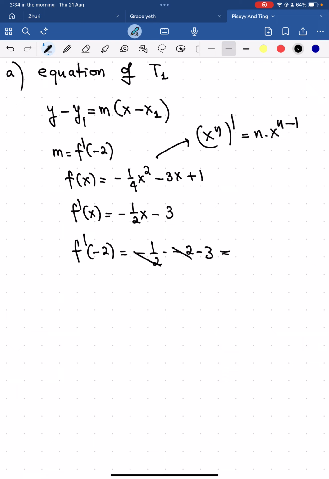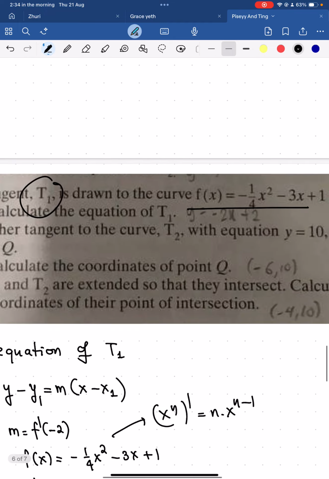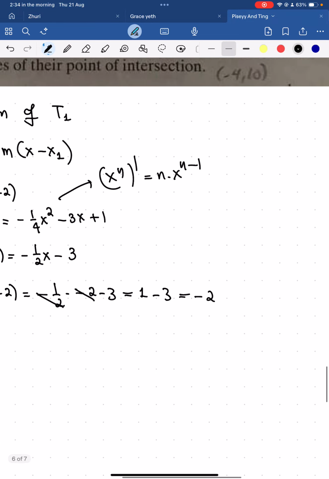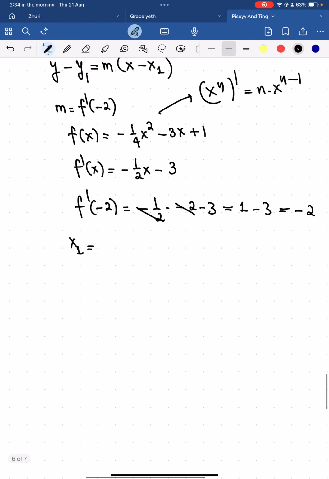So this is going to be 1 minus 3, so it's going to be -2. And x1, because T1 is at point P (-2, 6), we can consider x1 is -2 and y1 is 6. So y minus 6 equal to -2 times x plus 2.